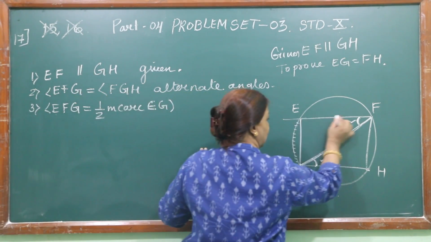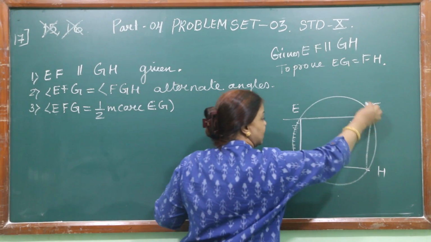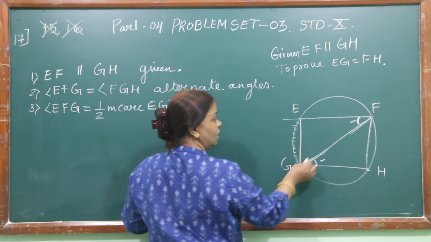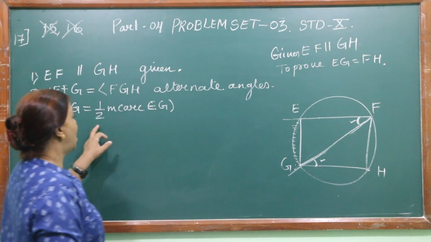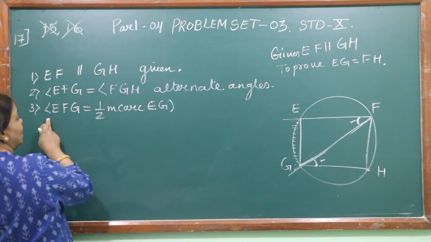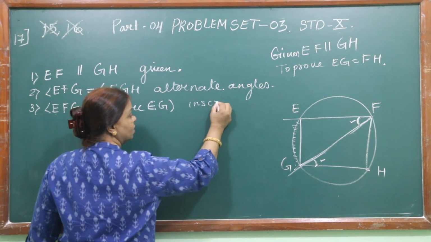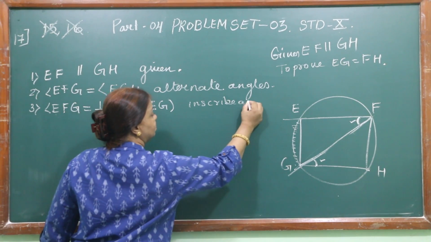See, this angle is intercepting, covering this arc, and is inscribed in this arc. Clear? So by the inscribed angle theorem, angle EFG is equal to half of major arc EG.